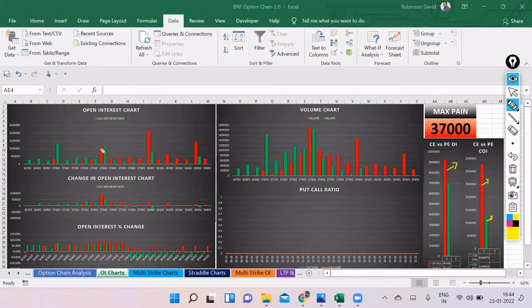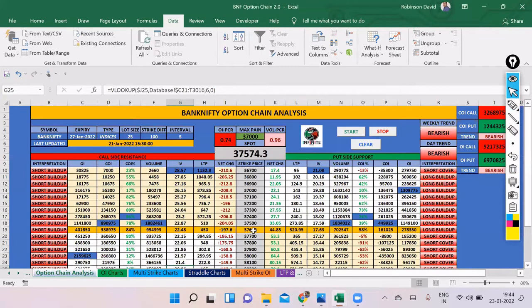And at 37,500 at the moment, it looks like a straddle here, and we have resistances here and then support on the downside. So this is what the option chain has to say. Let's see what the premium of the 37,500 straddle is.